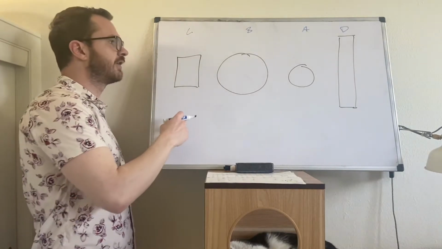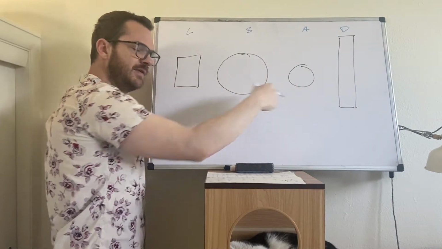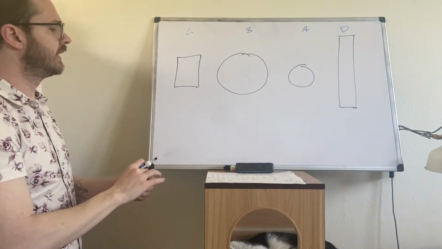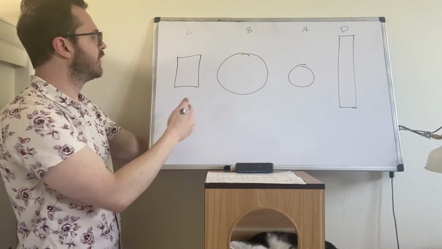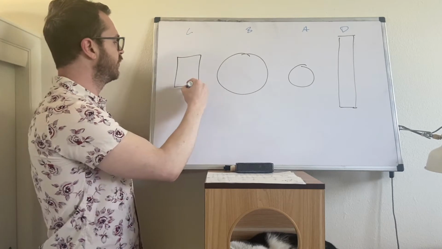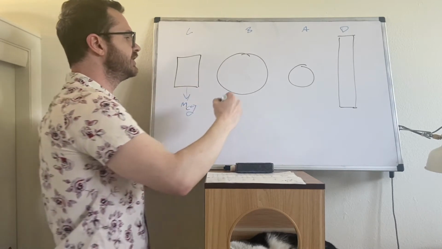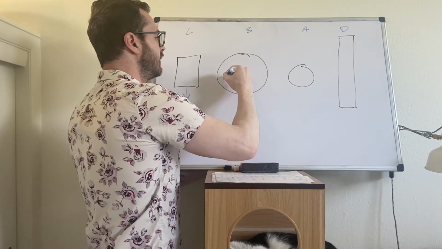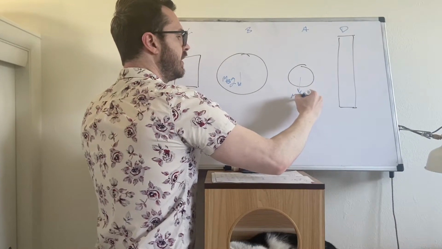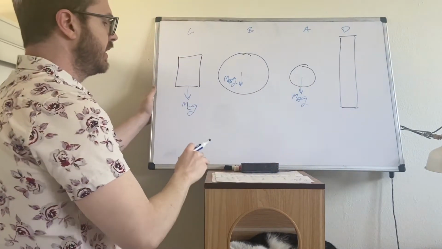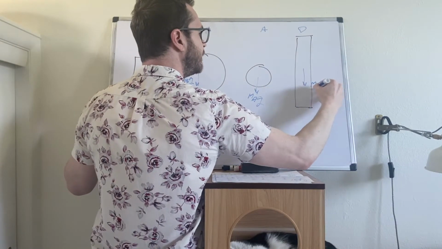Here's the free body diagrams. I labeled the bodies A, B, C, D. Feel free to label them whatever you like. Let's start marking these up with the forces that are present. Now, the easy things, we know that there's gravity acting on each one of these. MCG, MBG, MAG, and MDG.